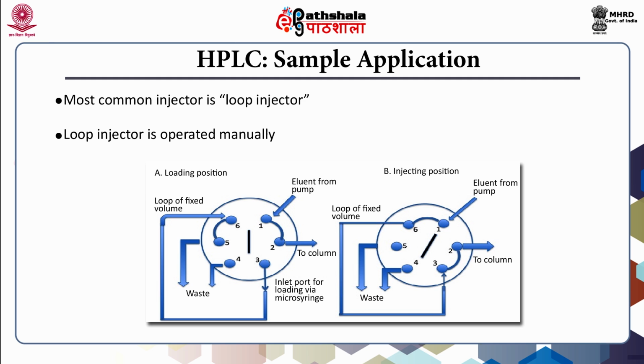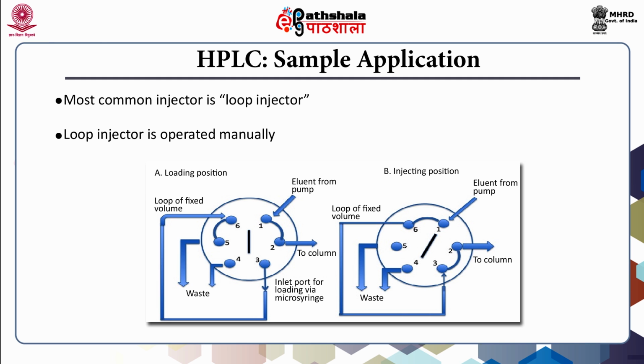In the injecting position we have to turn the knob at the center to the right hand side. By turning this knob, you can see here that a connection is established between port 1 and port 6, and another connection between port 2 and port 3. By doing this, the mobile phase comes from port 1, enters port 6, passes through the loop continuously and reaches port 3, and through the established connection to port 2, the mobile phase passes on to the column.